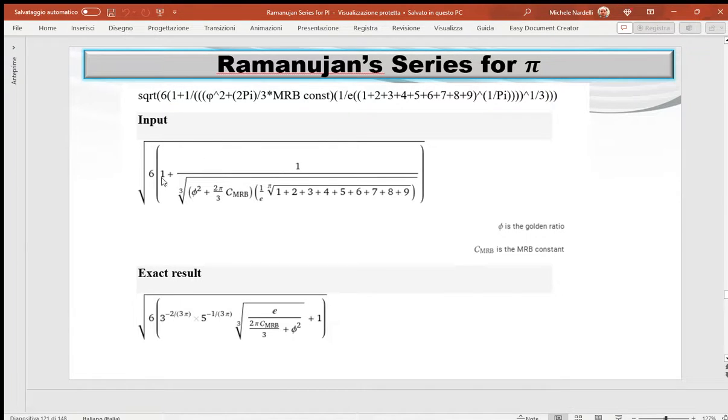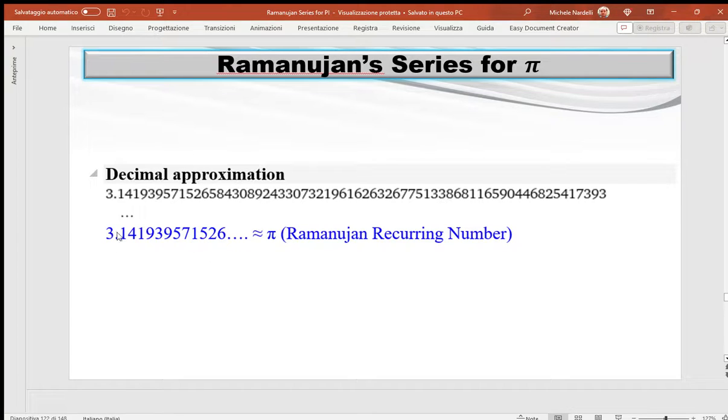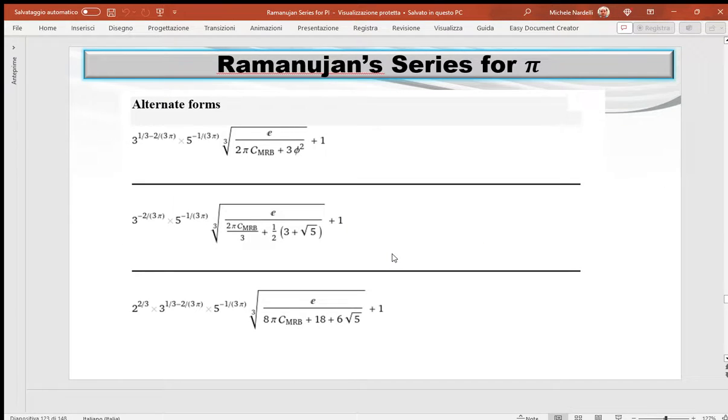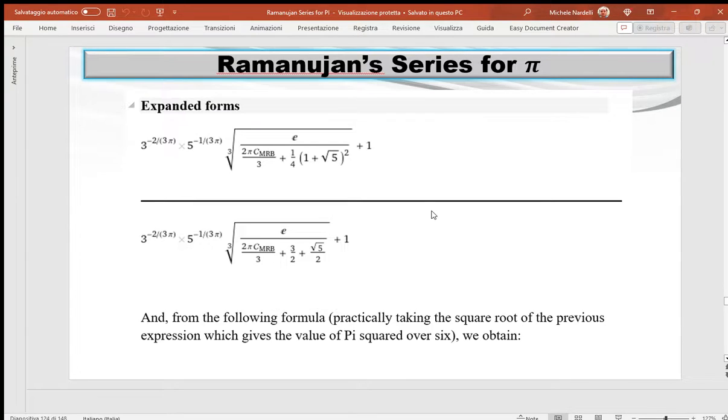All these expressions, performing the square root, obtain the following exact result, that is a good approximation to pi, that is a Ramanujan recurring number. Also here we obtain the alternate forms, the expanded forms.